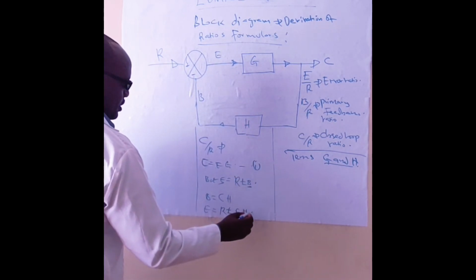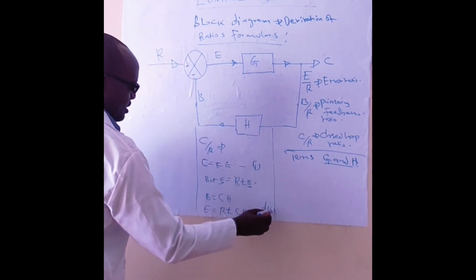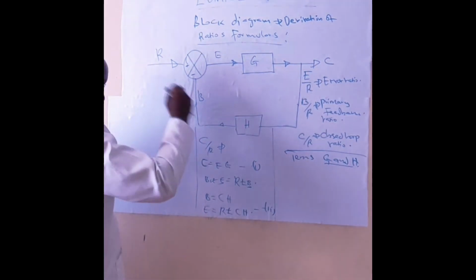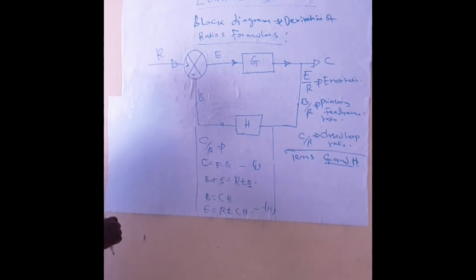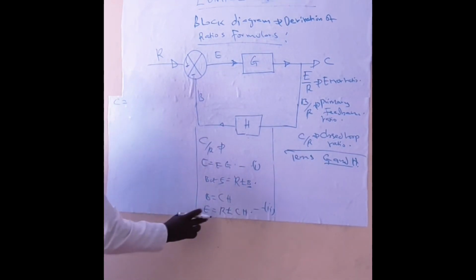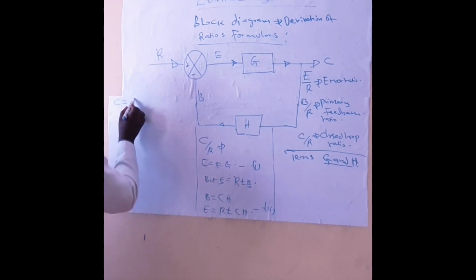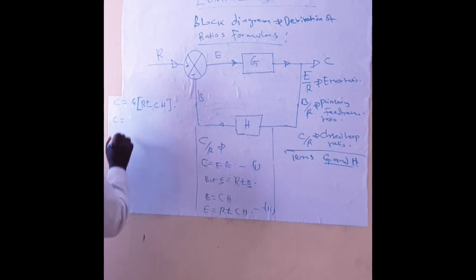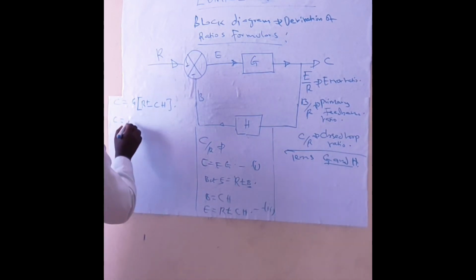Now the third expression, we are going to substitute E in the expression 1. So we are going to have C to be equal to, instead of E, we are going to write this. So we are going to have G into R plus or minus CH. So what follows is to open the bracket, GR plus or minus CHG.